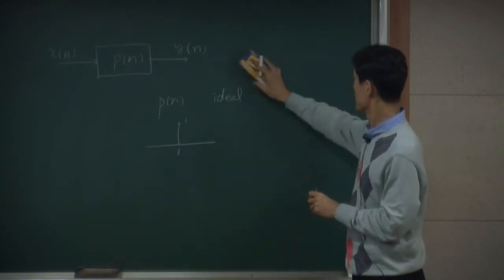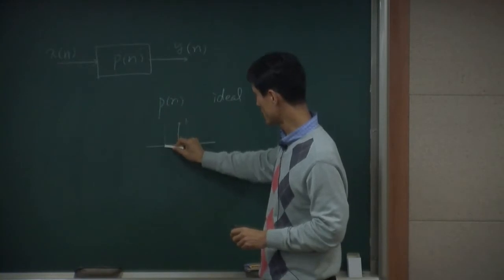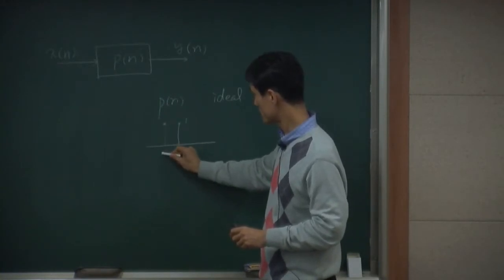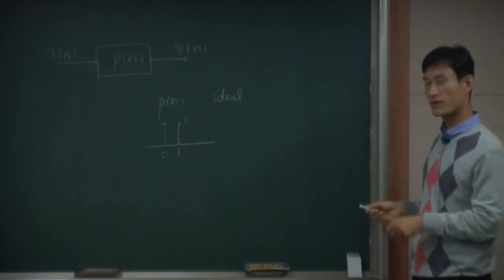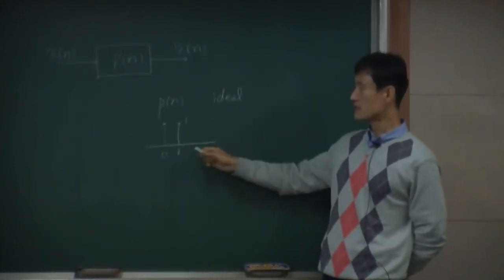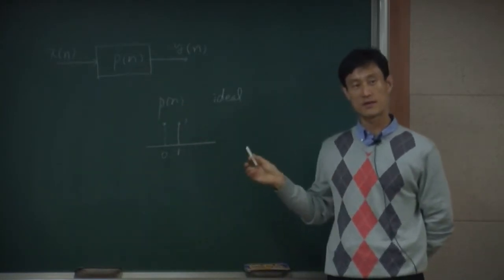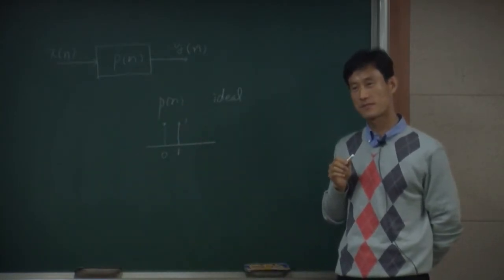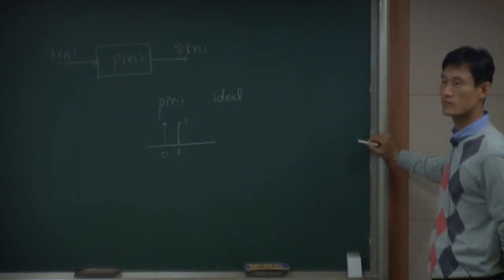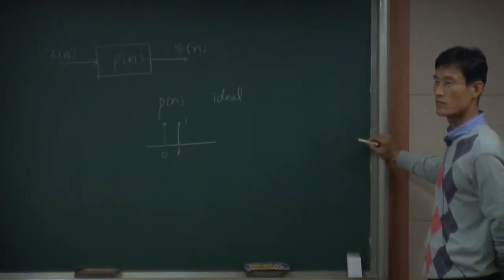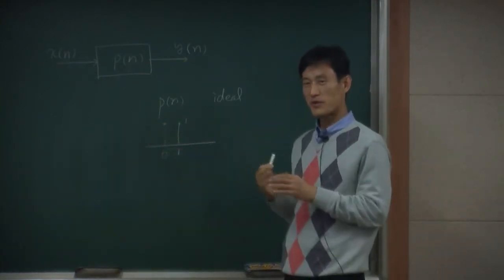Now then, let's make it a little bit different. Now we have 2 taps. 1, 0. The other one, 1. So let's say this is our impulse response. Now what happened? It's basically superposition, right?